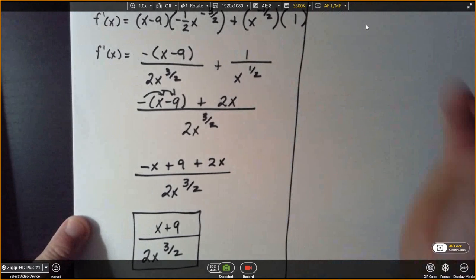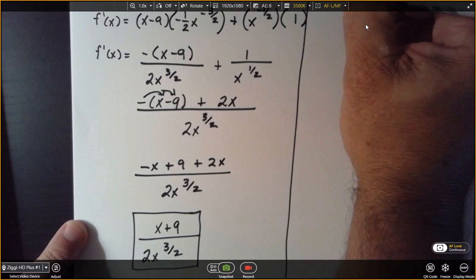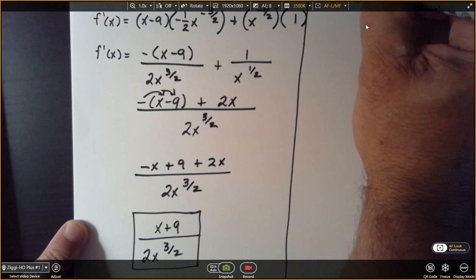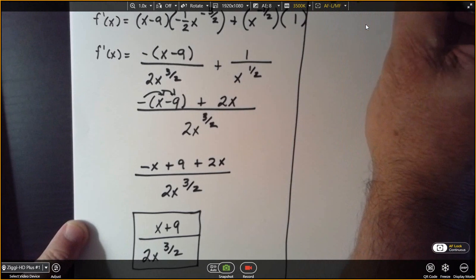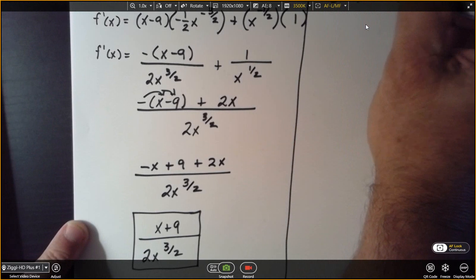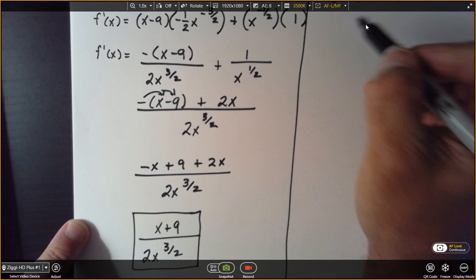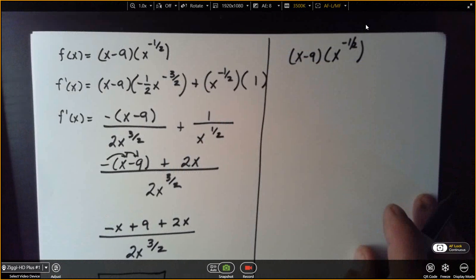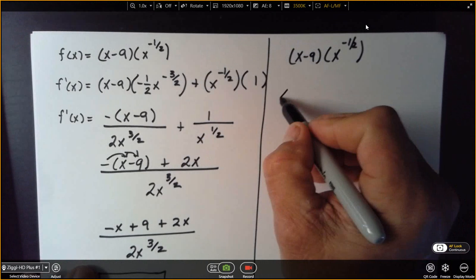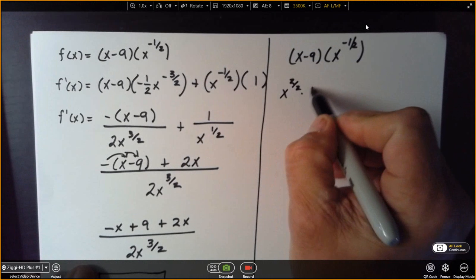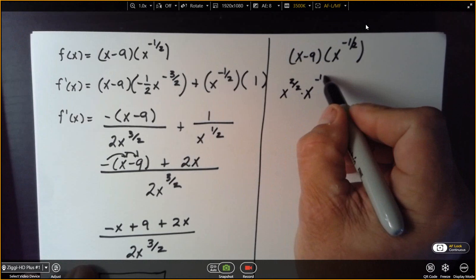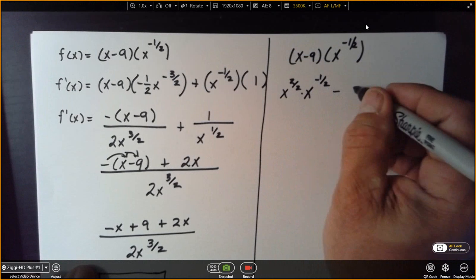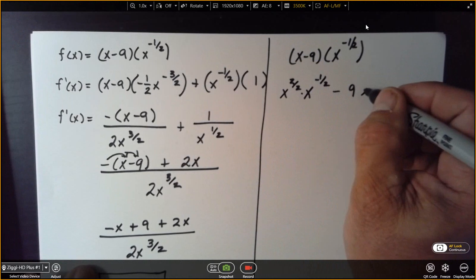Or you can do x minus 9 times x to the negative 1/2 and distribute that. And I'm going to do it longhand for you so you can actually see what's happening. That'd be x to the 2/2 times x to the negative 1/2 minus 9 times x to the negative 1/2.